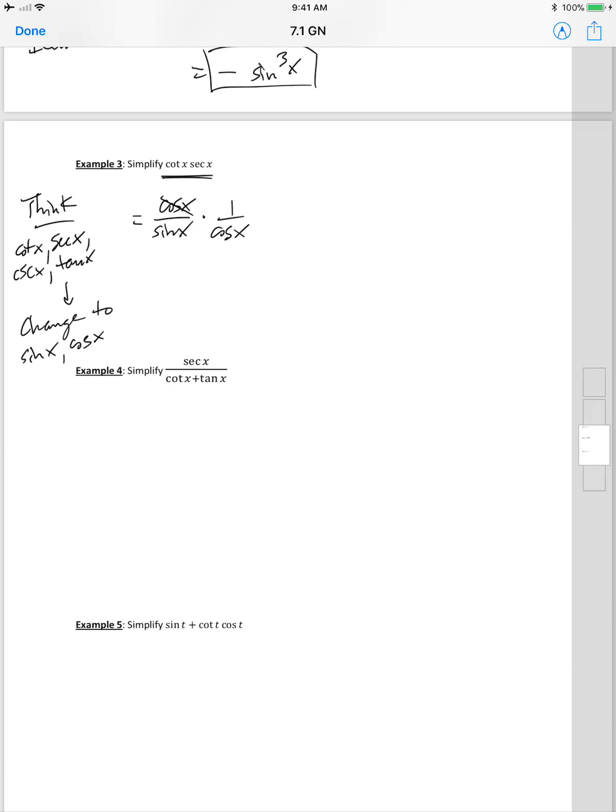And now I see right away that cosine of x cancels out. It's in the numerator and the denominator, it's going to go away. Which means I'm left with 1 over the sine of x. And from the reciprocal identities, we know that 1 over the sine of x equals cosecant of x. And that's it.